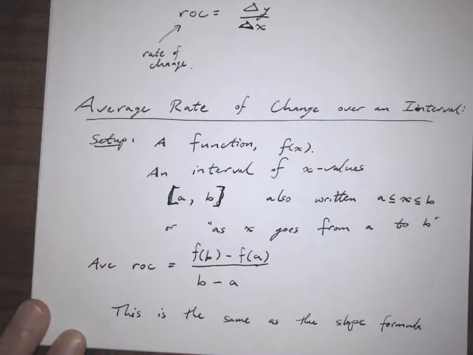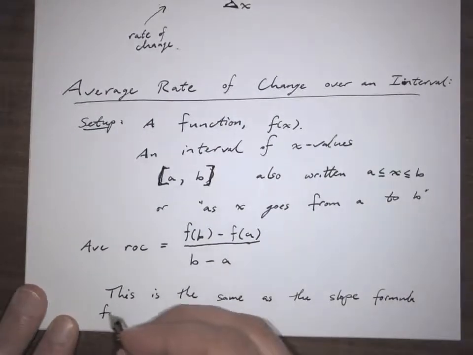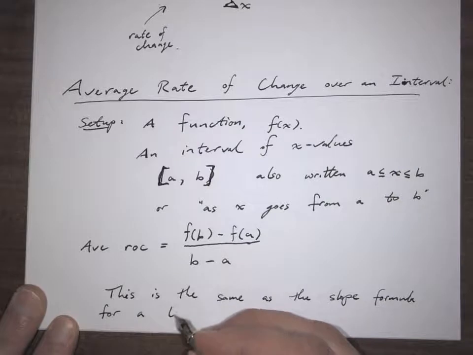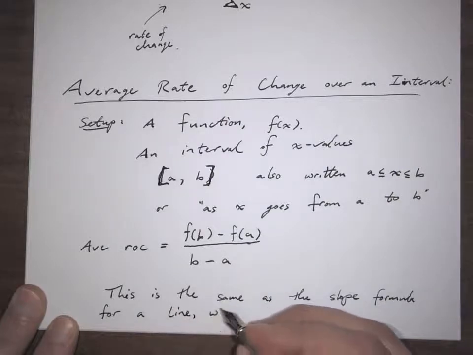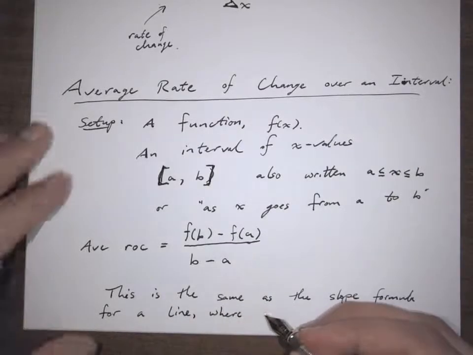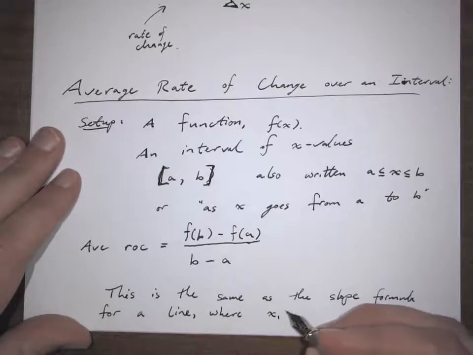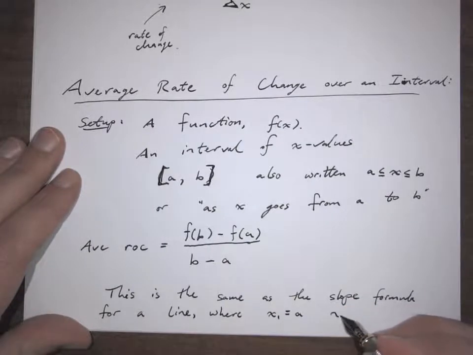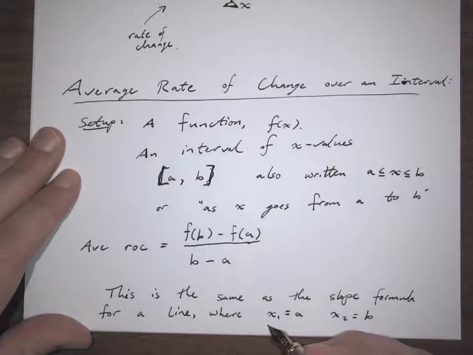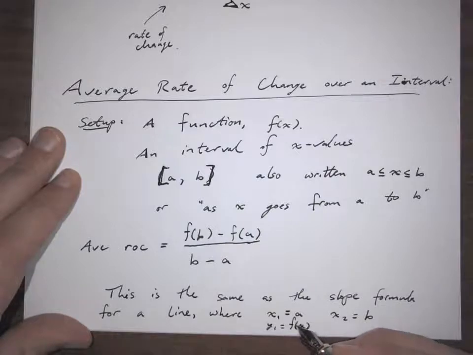This is the same as the slope formula for a line where x1 is the same thing as a, x2 is the same thing as b, y1 is the same thing as f of a, y2 is the same thing as f of b.